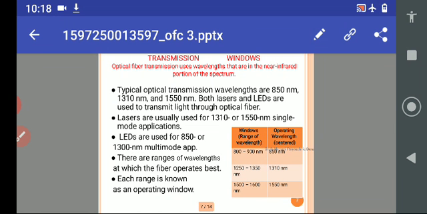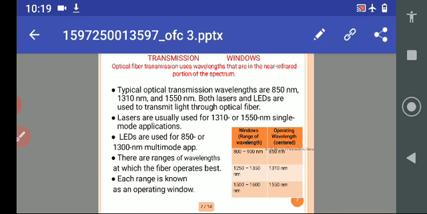The first range is from 800 to 900 nanometers, and the centralized wavelength in this range is 850 nanometers, known as the first window. The second window is from 1250 to 1350 nanometers, having centralized wavelength 1310 nanometers. The third window, which is operable, has a range from 1500 to 1600 nanometers with centralized wavelength 1550 nanometers.